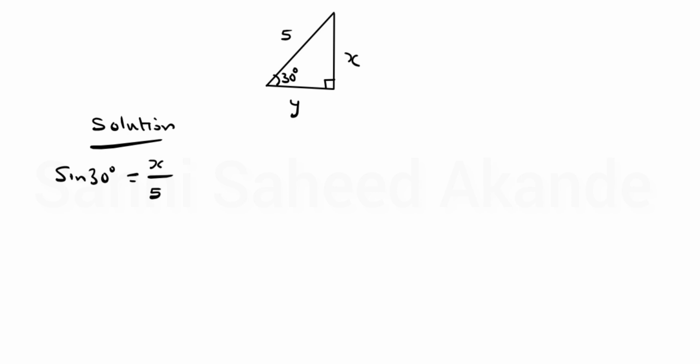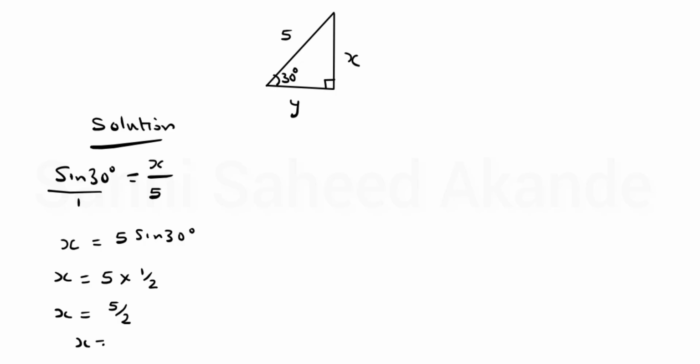So cross multiply, just put 1 under x. Understood? So x is equal to 5 times sine 30 degrees. From the special angles that we found, sine 30 is 1 over 2, or 0.5. So x is equal to 5 times 1 over 2, which gives us 5 over 2, or in mixed number, 2 and 1 over 2.